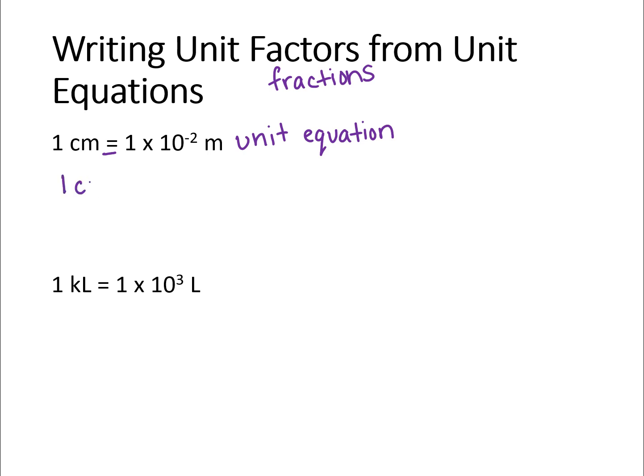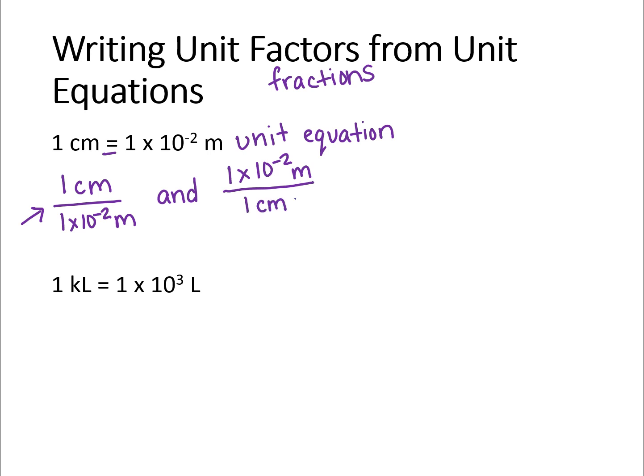You're literally going to take the values from your unit equation and write it as a fraction. So you replace that equal sign with a line for your fraction. Then you can flip it over. So what's in the bottom, or the denominator, you put in the top, which is the numerator, and vice versa. So you should always be able to get 2 unit factors for every unit equation.